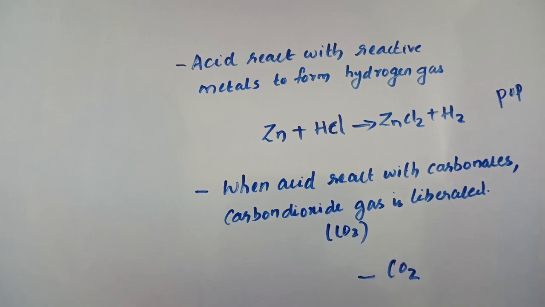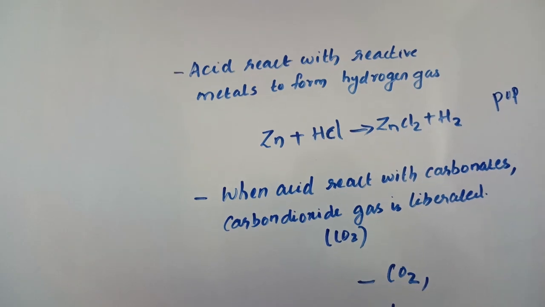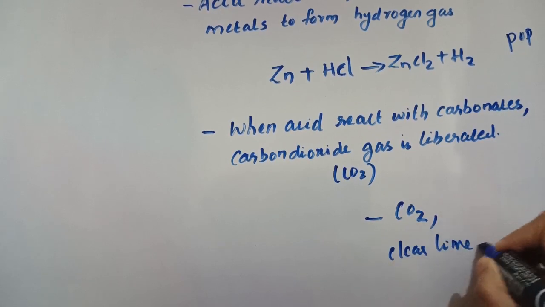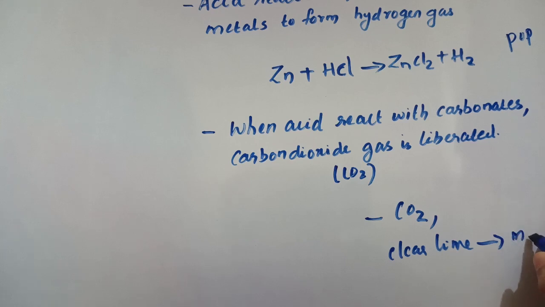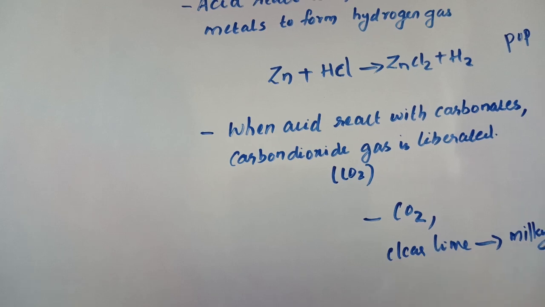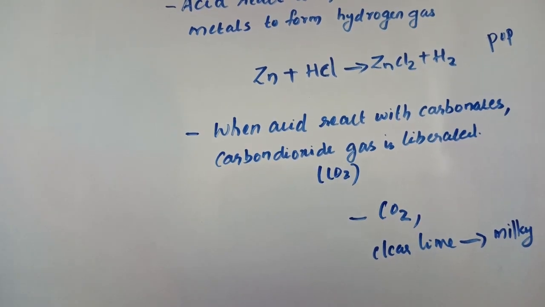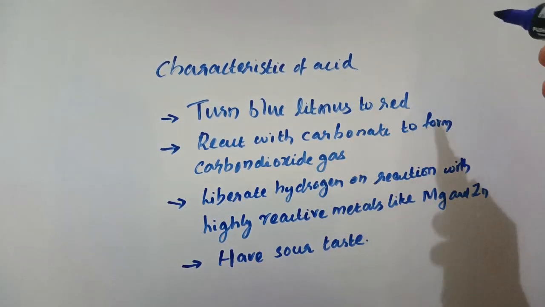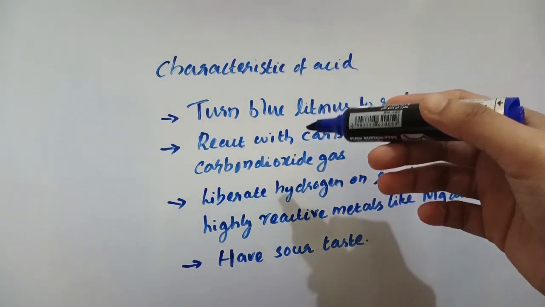Then what is your observation when this gas is passed through clear lime water? When carbon dioxide gas passes through clear lime water, it turns milky. The clear lime water turns milky when carbon dioxide passes through it. So, we can look at the characteristics of acid. There are 4 characteristics for acid.